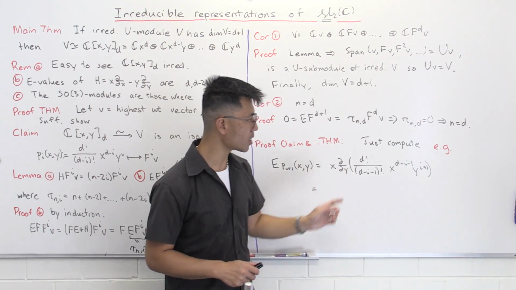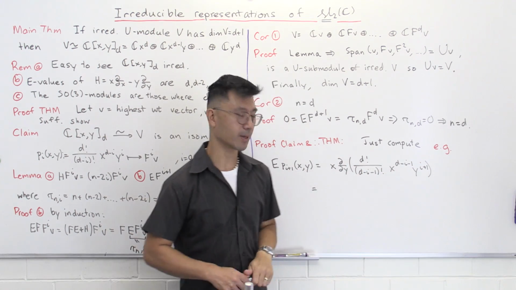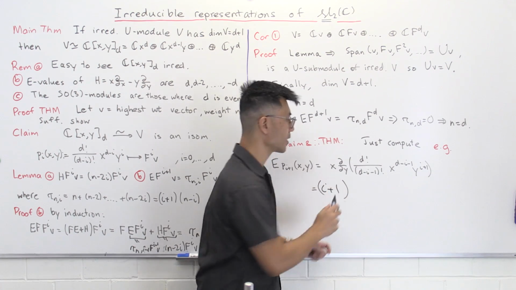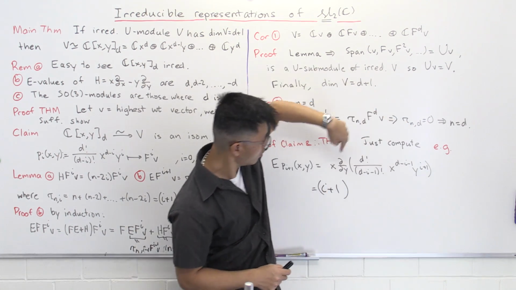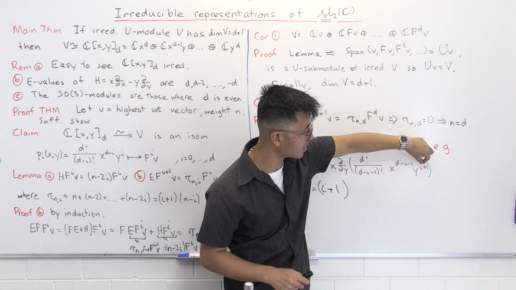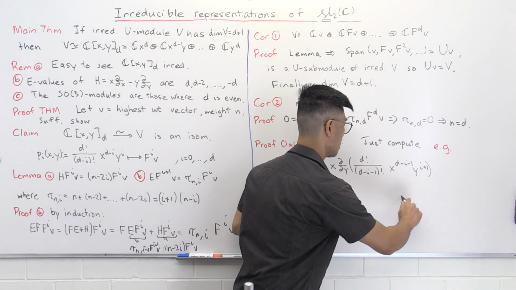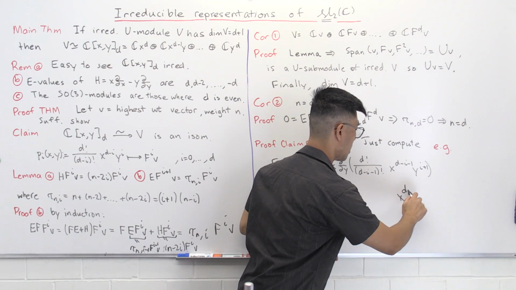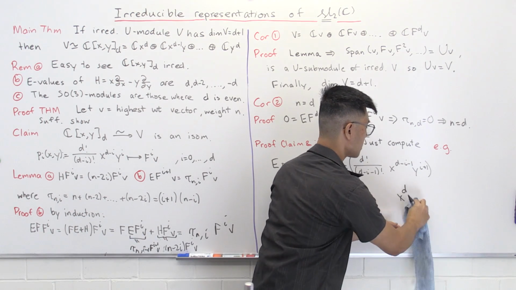First, you differentiate with respect to y, so you've got an I plus 1 coming out the front. The other thing is it reduces the degree of y by 1, and you multiply by x after, so you increase the degree of x by 1. So basically one of the y's gets changed to an x, so you get x to the d minus I, y to the I.